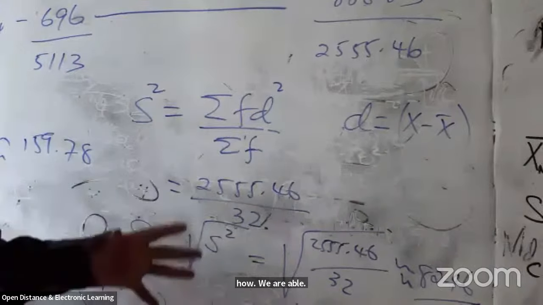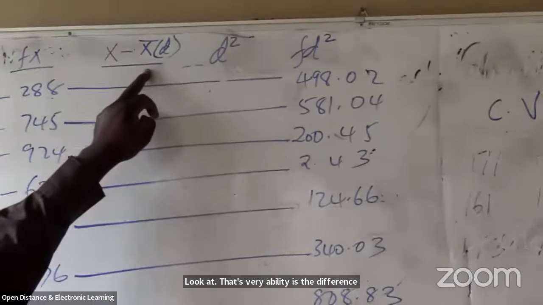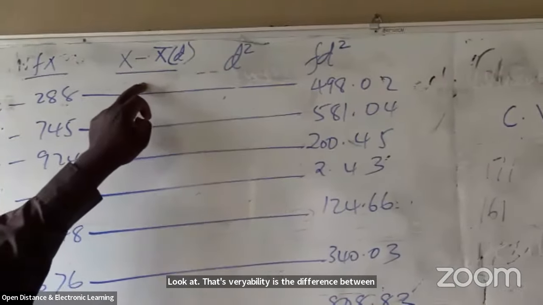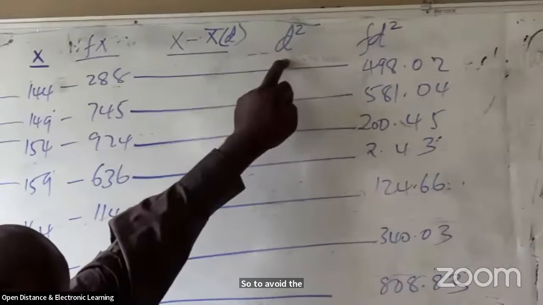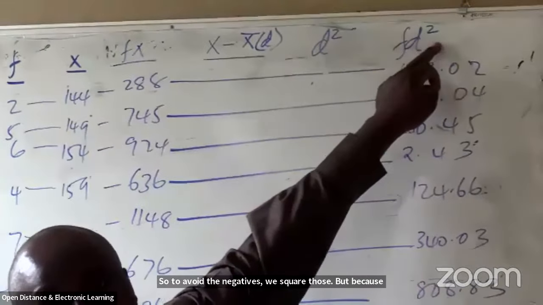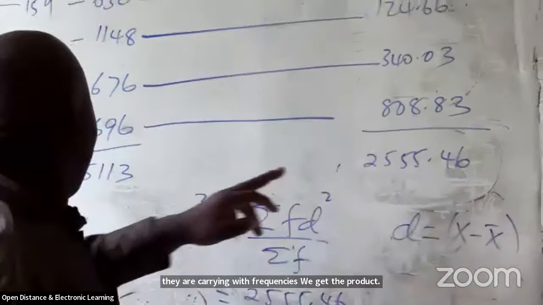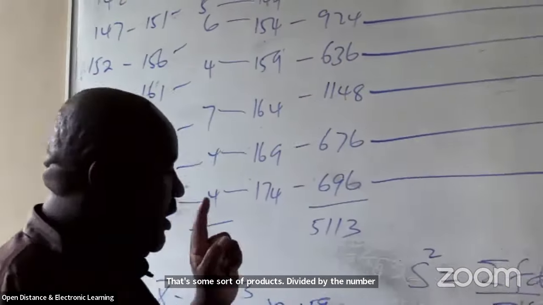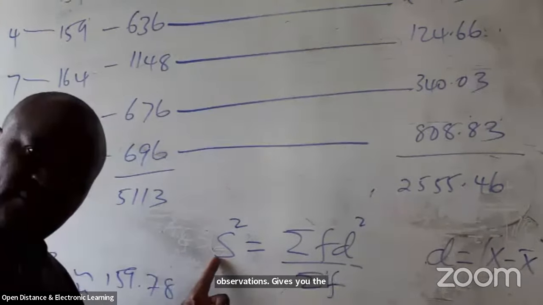That variability is the difference between the observation and the mean. This would be positive or negative. So to avoid the negatives, we square those deviations. But because they are occurring with frequencies, we get the product. That sum total product divided by the number of observations gives you the variance, S squared.